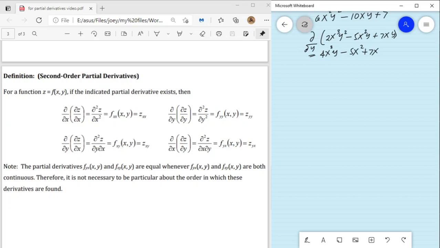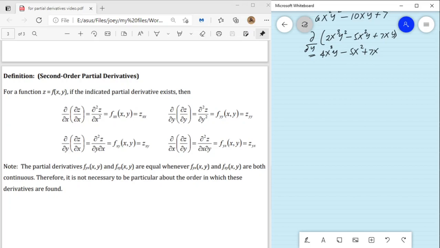If the indicated partial derivatives exist, then the partial derivative of the partial derivative of z with respect to x, written as this symbol, is the second derivative of z with respect to x, f sub xx of x, y, which is z sub xx.